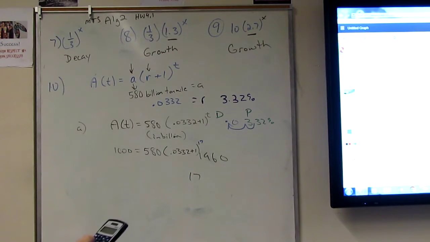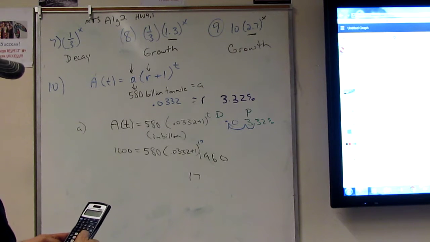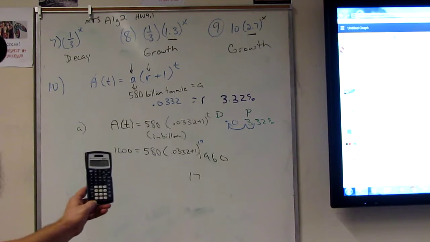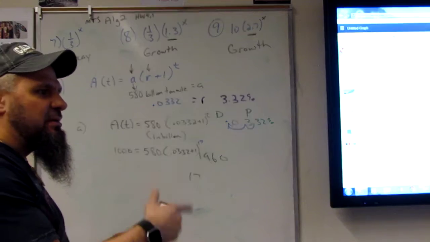We're just plugging and chugging. So we're saying, okay, 1.0332 raised to the power of 17 is equal to a number. We multiply that by 580. Yeah, 1,010, just like our graph says.